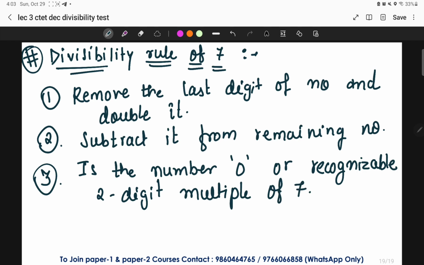Just understand the steps. Please try to understand. I'll explain this divisibility test of 7 with an example, then you'll understand it. First you have to write down the steps.